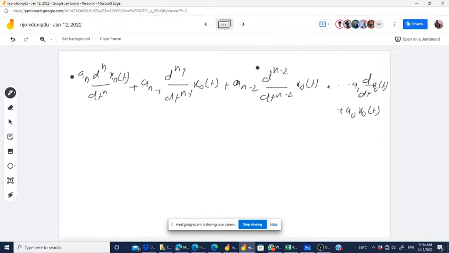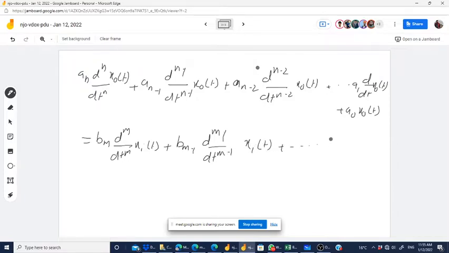This is the output. In a similar way we can write the equation for the input side: b_m d^m/dt^m x_i(t) plus b_(m-1) d^(m-1)/dt^(m-1) x_i(t) plus dot dot dot b_1 d/dt of x_i(t) plus b_0 x_i(t).